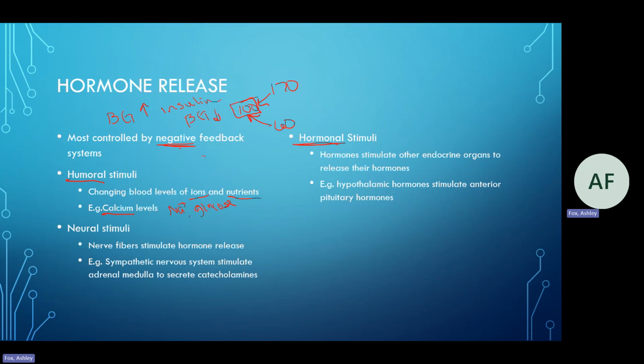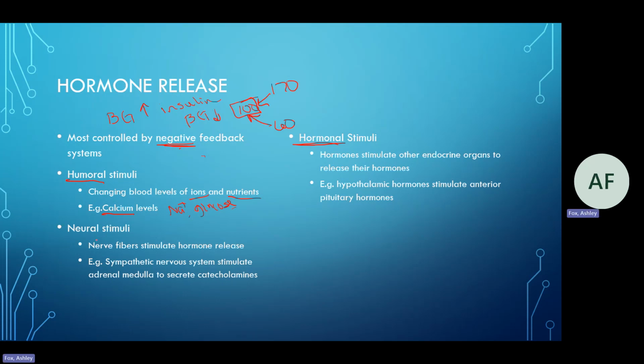Those are going to cause changes in levels of those. So calcium levels we talked about with parathyroid hormone and calcitonin. Calcium levels change, you release a hormone in response to that. Same with sodium changes, you're going to release a hormone. You're going to release a hormone based on glucose.